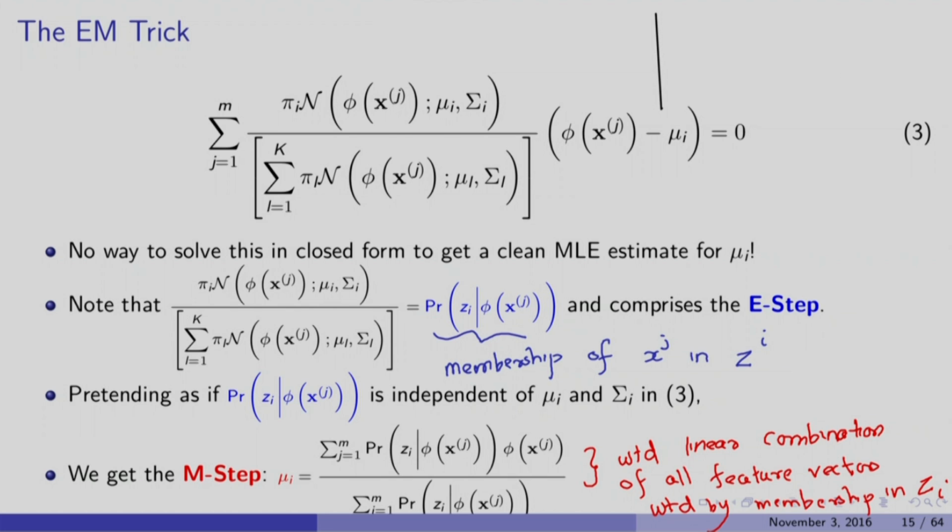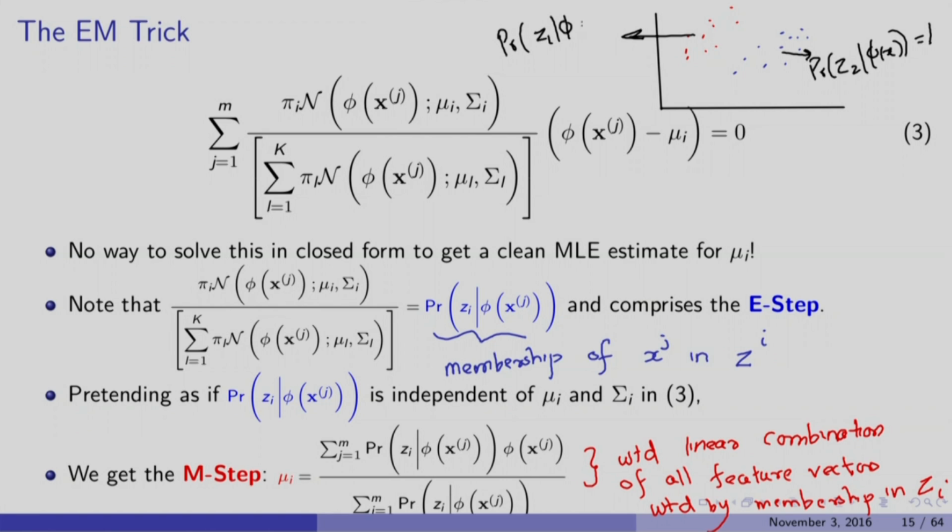You might want to recall what the estimates were in the case of simple Gaussian discriminant analysis. In Gaussian discriminant analysis, you were given the membership of points to clusters or classes. So effectively for any point that belonged to this blue cluster, say Z2 is the blue cluster, we knew that the probability of Z2 given point phi x was 1, and likewise for the red one we knew that the probability of Z1 given phi x was 1.